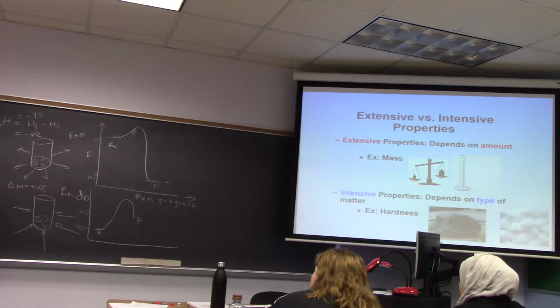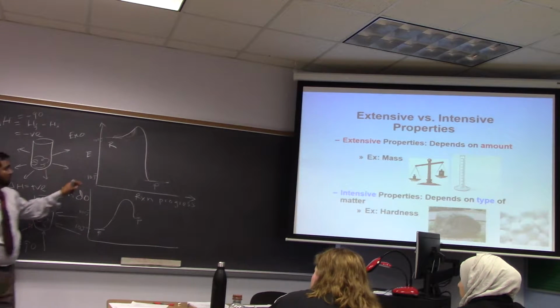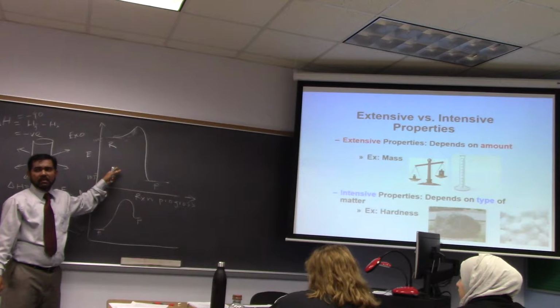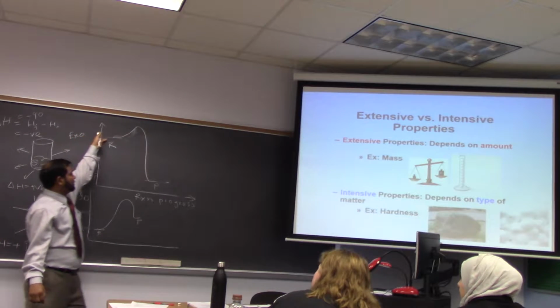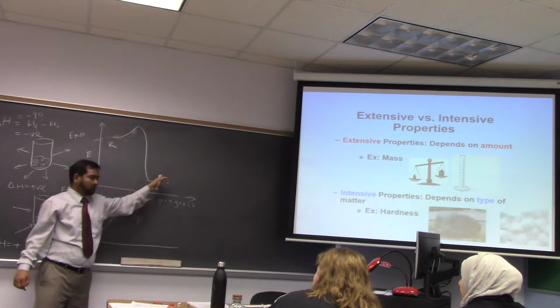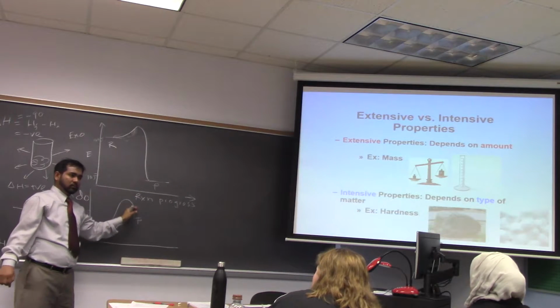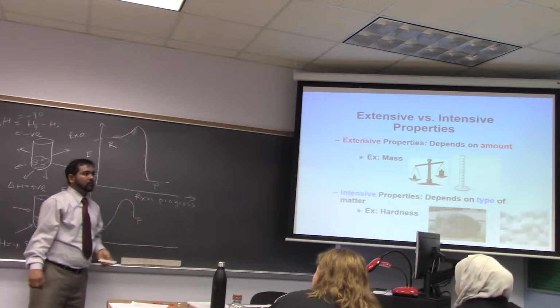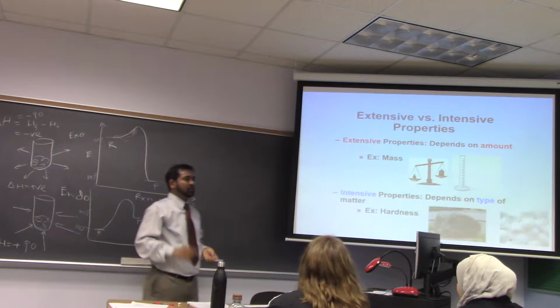Then calculate delta H for the endo. Positive 90. So that means this one is absorbing heat. You see? So at any point you see a downhill, that is going to be exo. Uphill is endo. Right? And understand the producing and absorbing of heat.